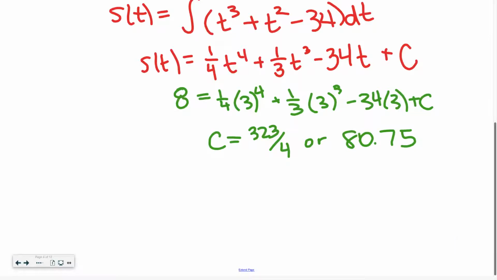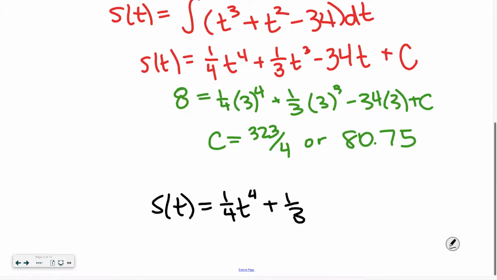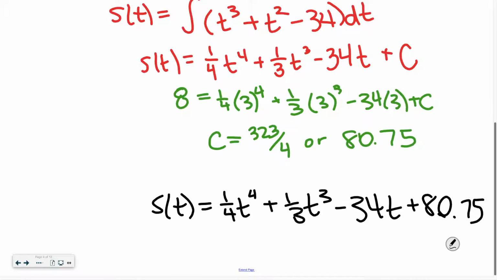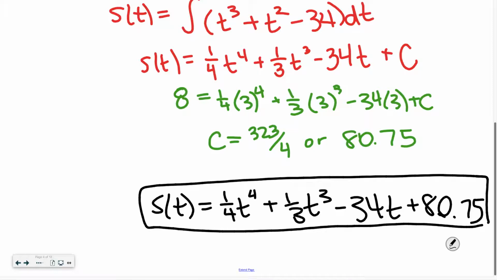If this were a repeating decimal, then I would rather you make it a fraction, like 23/3. Don't approximate that as a decimal. So our position is 1/4 t to the 4th plus 1/3 t cubed minus 34t plus 80.75, or 323/4. You decide.